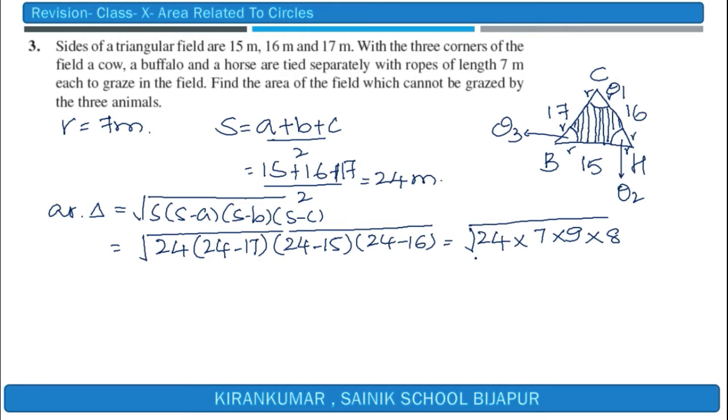Let us further simplify. I can express 24 as 8 times 3, that is, 2 multiplied 3 times, then 3 into 7 into 3 times 3 into 2 multiplied 3 times.